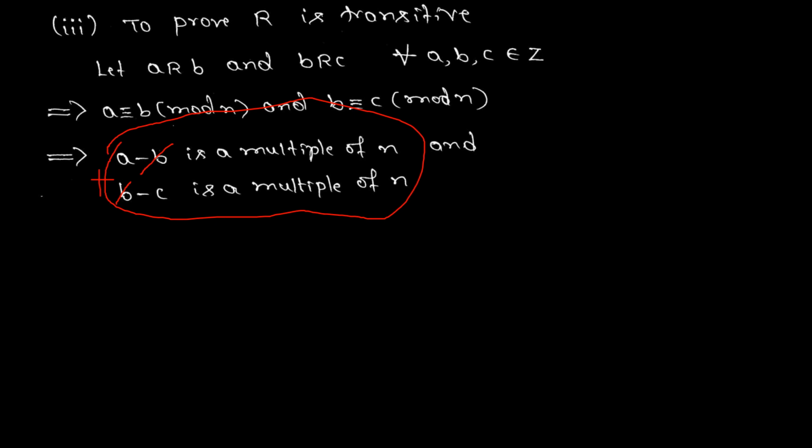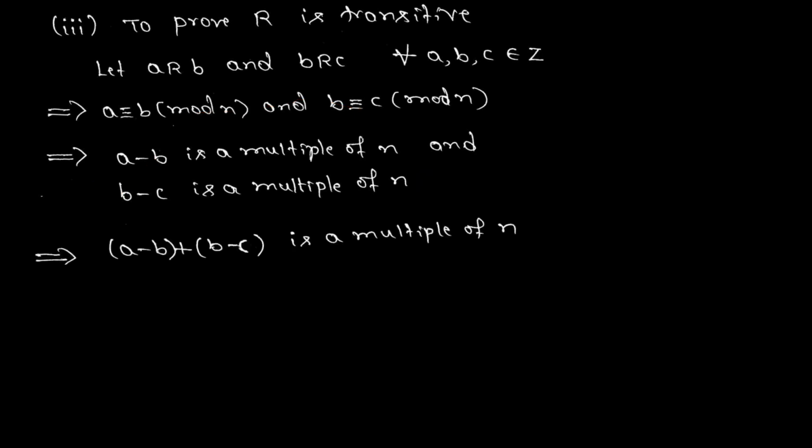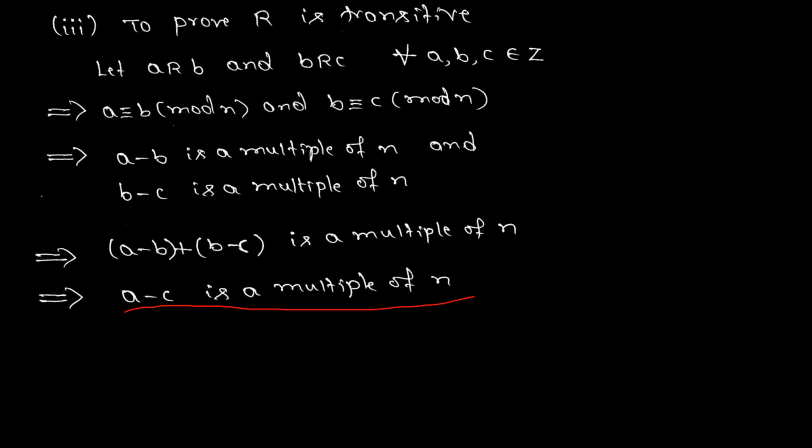When a minus c is a multiple of n, from our definition we can say a is congruent to c under mod n.